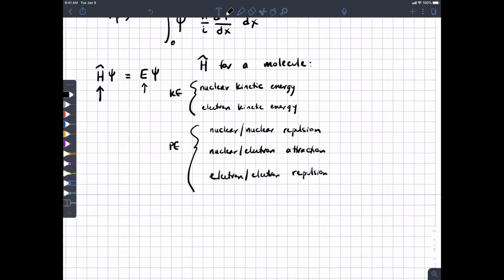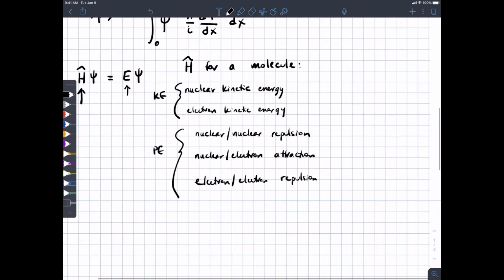Okay, so let's first make our lives easier. Your text goes and actually writes out all of these terms, I think to scare you into appreciating the fact that they then immediately simplify it for you. We're going to use something called the Born-Oppenheimer Approximation. Someday, if you do your best and discover things, they can put your name in front of it.